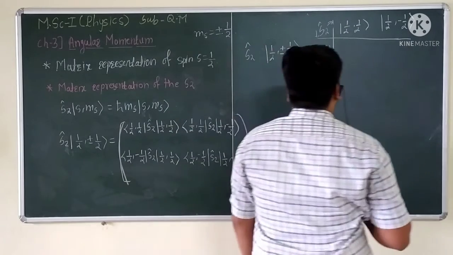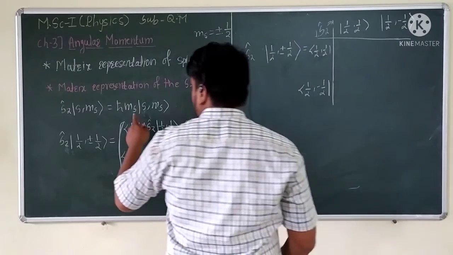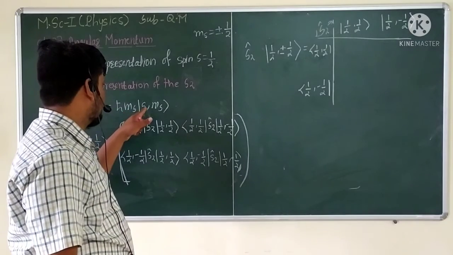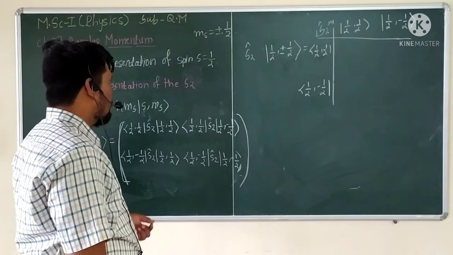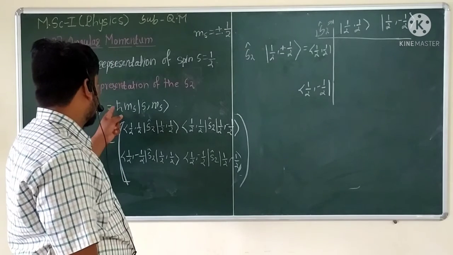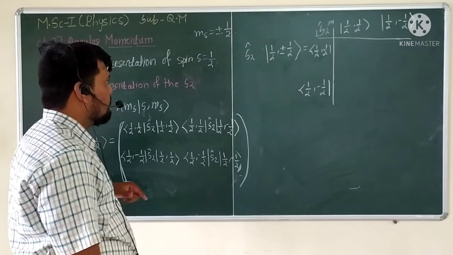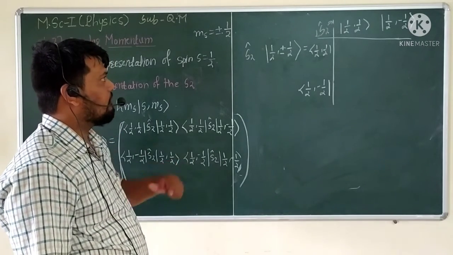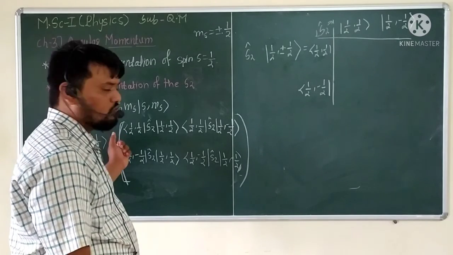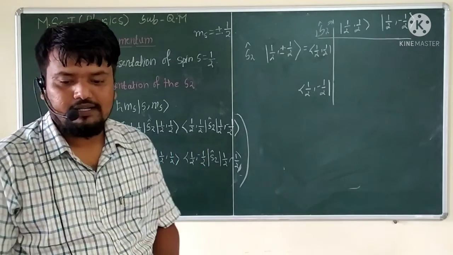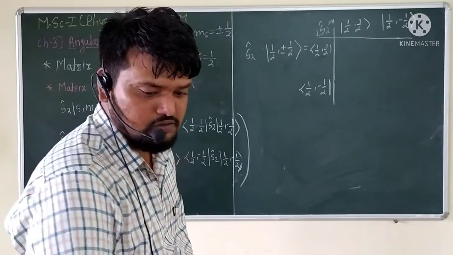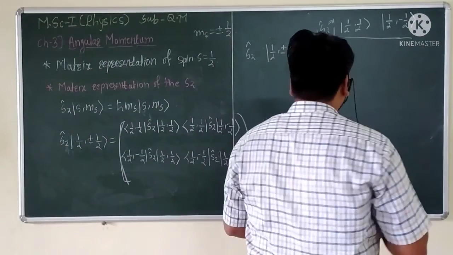What is the formula? It is h cross of ms, s comma ms. So we have to know the Sz value. If we take first half comma half with half comma half, this h cross value is nothing but plus h cross by 2. So this is nothing but h cross by 2.